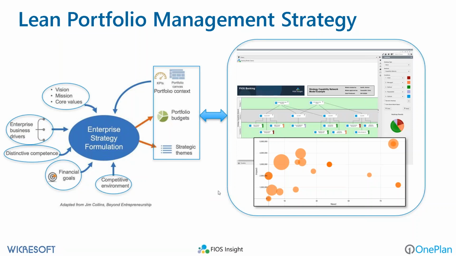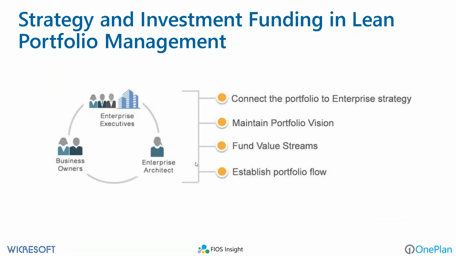On the right here, I'm showing elements that you could be managing by having defined a more formal business architecture. It is really the first element in aligning strategy to execution. So again, this is the first step in trying to get to the elements for lean portfolio management. The second element of this is really strategy and investment funding, which is a core element of lean portfolio management.